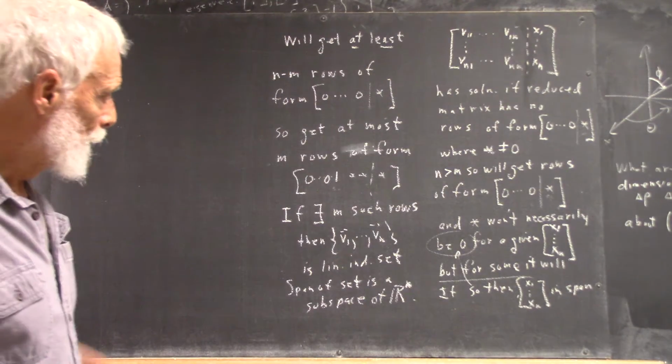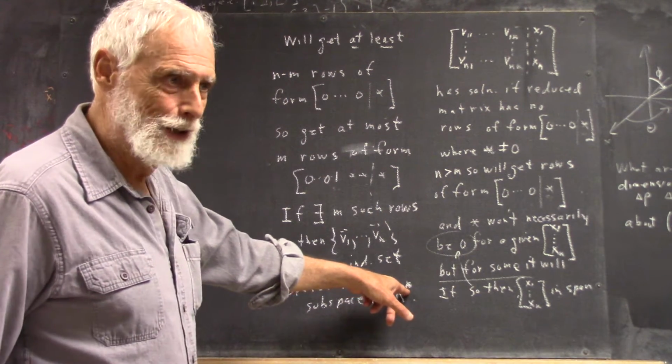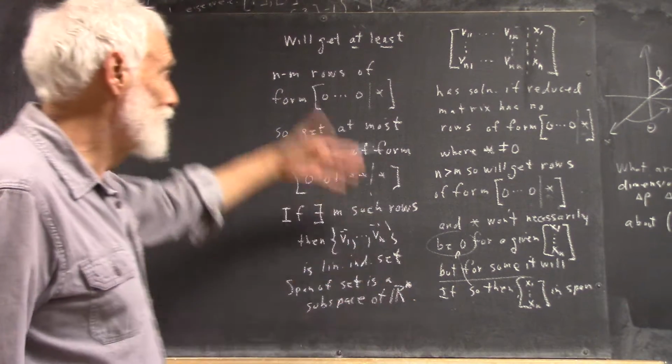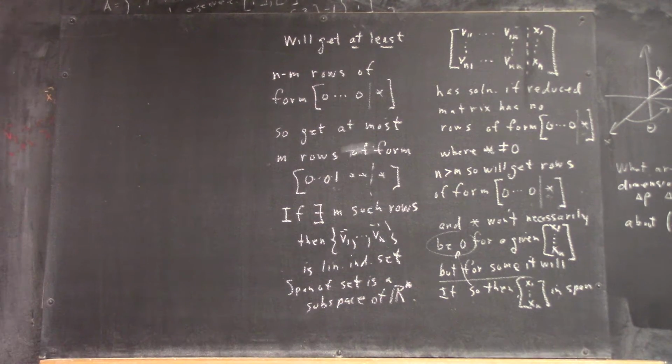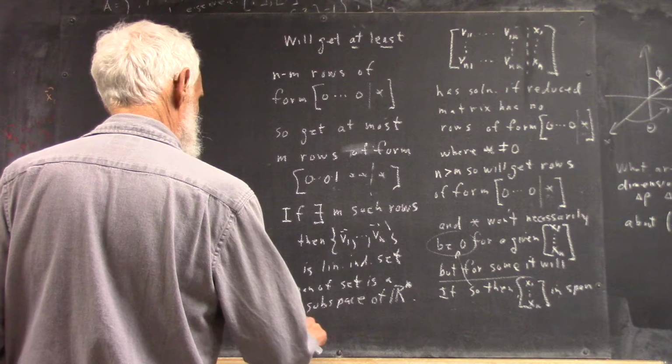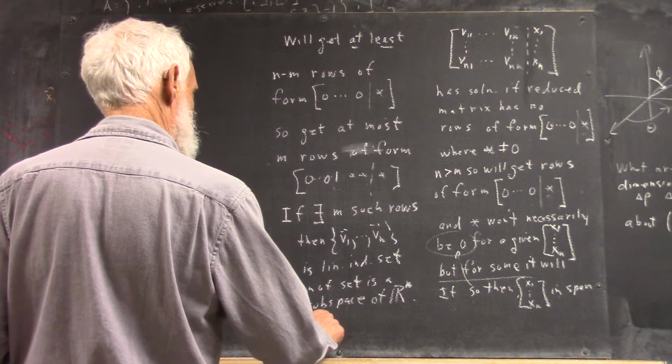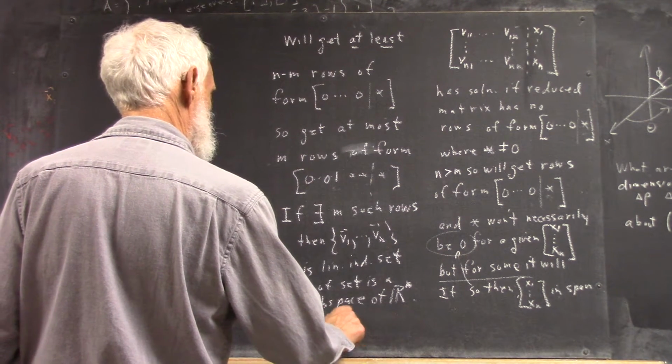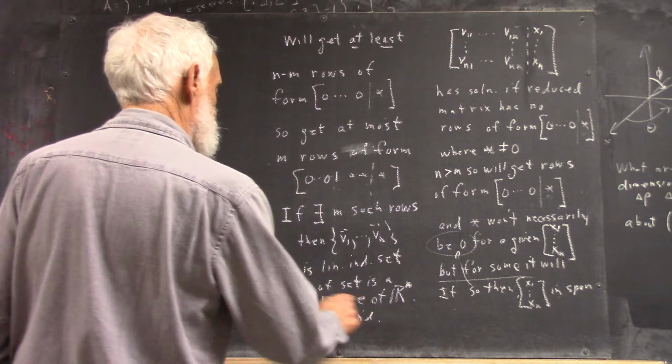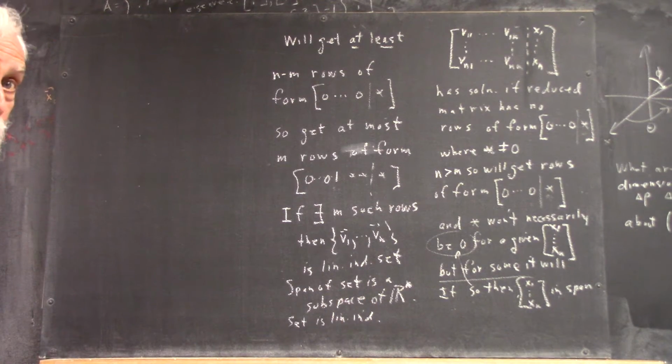Now, that n I wrote over it, understand that's an n, because that's the space we're talking about. The set is linearly independent.